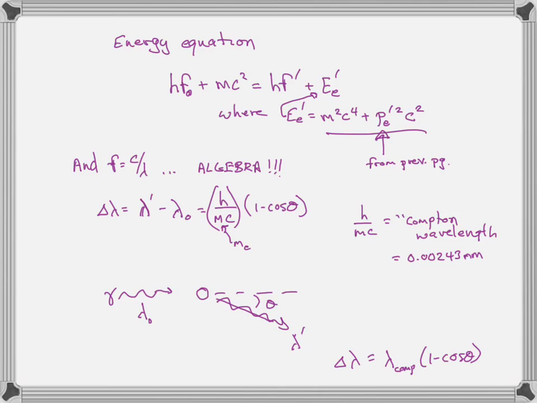So what Compton did is he did an experiment where he shot photons at electron targets, and he measured the wavelength of the light around this apparatus.